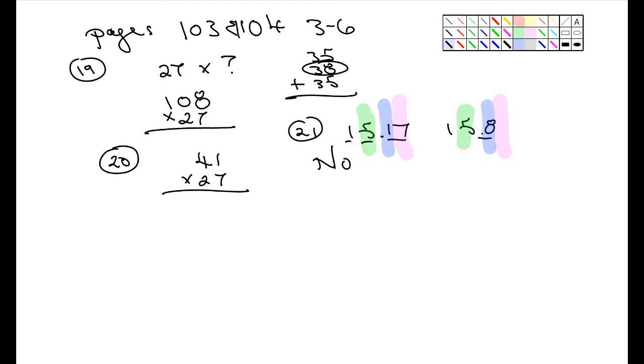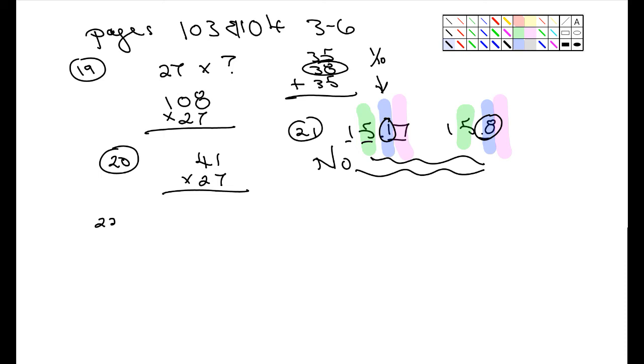So 15, that doesn't help us any, but then we get to the tenths place, 1/10. And 1 is much smaller than 8. So obviously 15.8 is a larger number. I can let you phrase that. Don't forget to put down your answer here, however you want to word that.